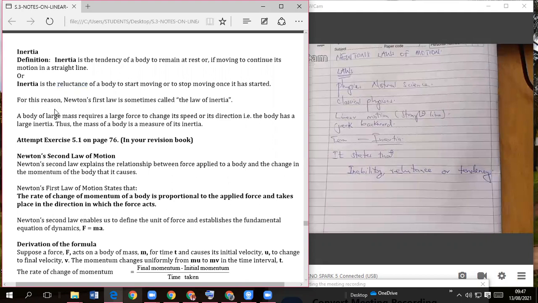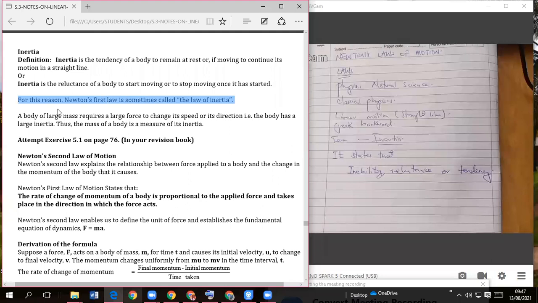And I remember saying, it is for this reason that we refer to Newton's first law of motion, sometimes, as the law of inertia. So a body of large mass requires a large force to change its speed or its direction.